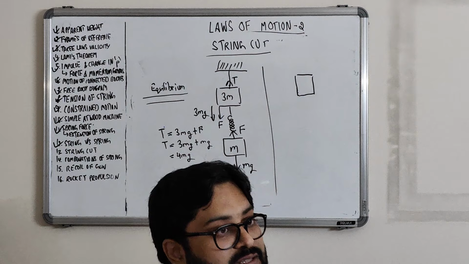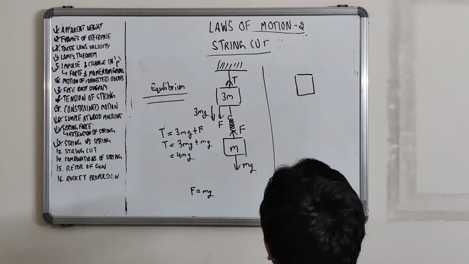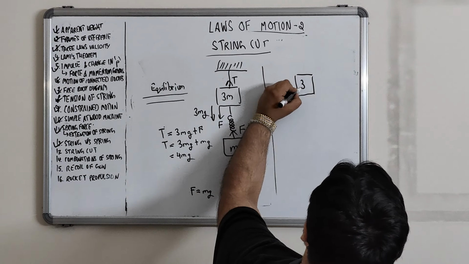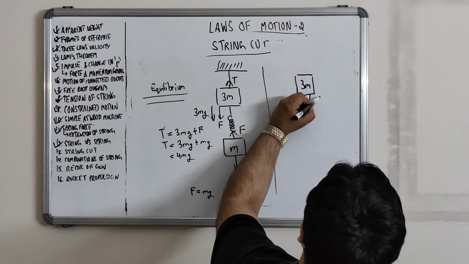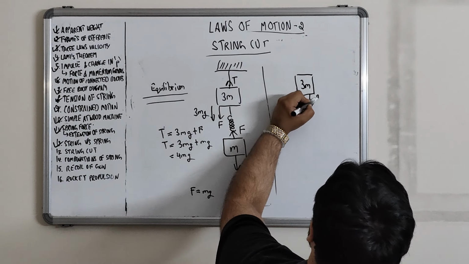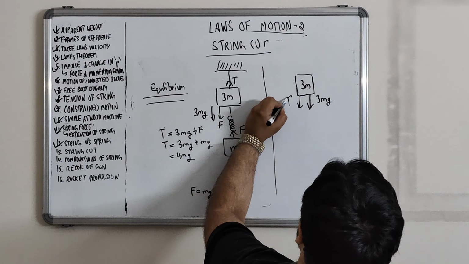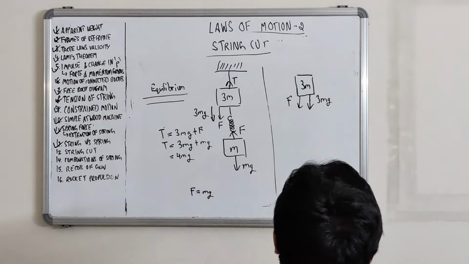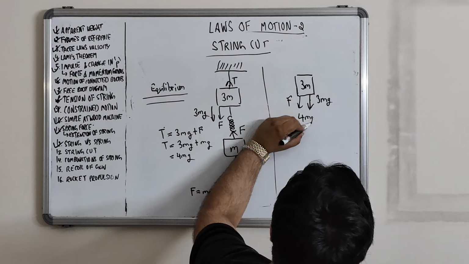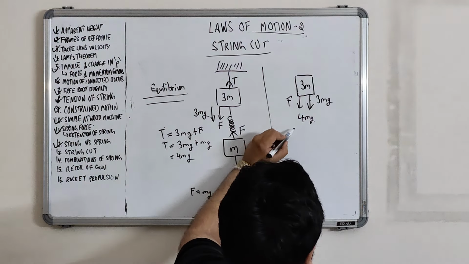Sorry, we have to find the acceleration, not the tensions, right? So there is no tension upwards on the 3m mass, so the force downwards is 3mg because of weight, and there is the spring force. So how much force is there? 4mg. This is the force on the upper weight. What will be the acceleration?